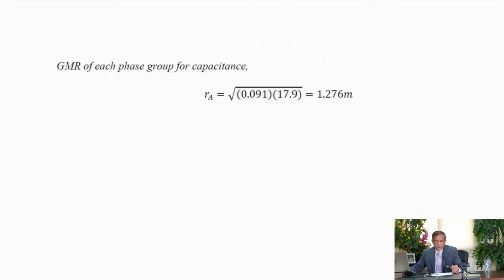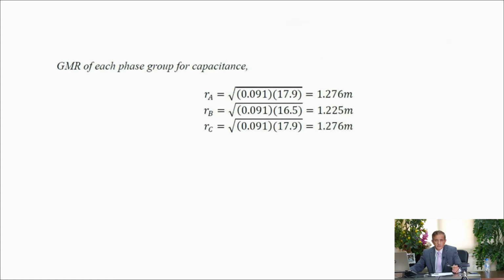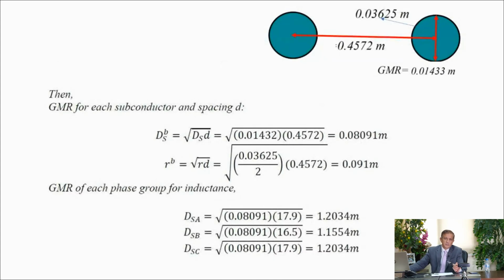Like this one, 0.091, same thing, same spacing, 17.9, 16.5, 17.5, but I'm using the RB, which is based on the calculation of the physical radius of the conductor. That is the only difference.